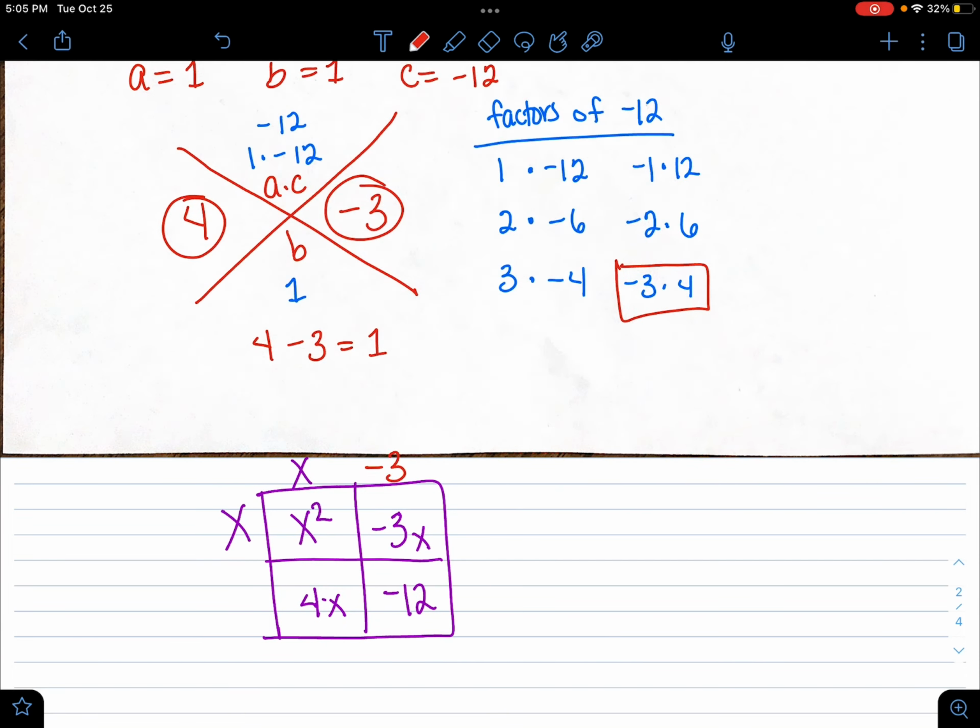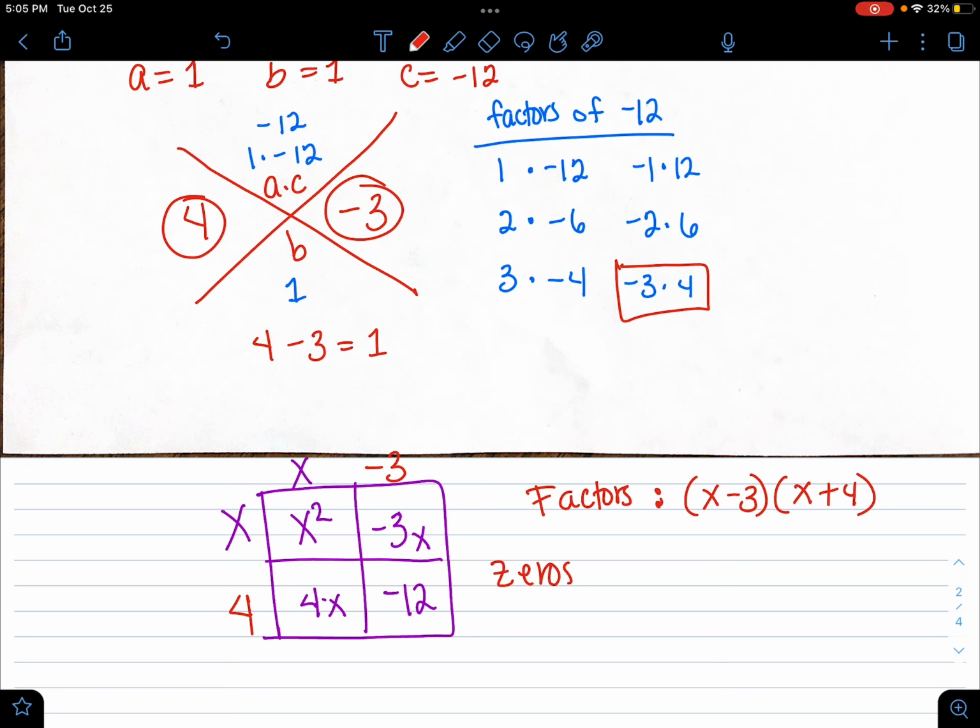Negative 3 times x is negative 3x. 4 times x is 4x. Negative 3 times 4 is negative 12. And so my factors are x minus 3, x plus 4.